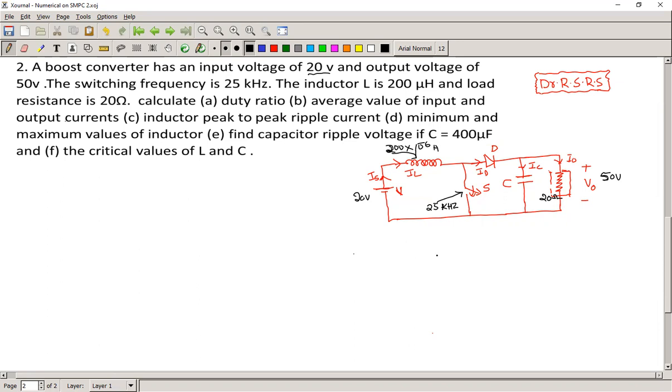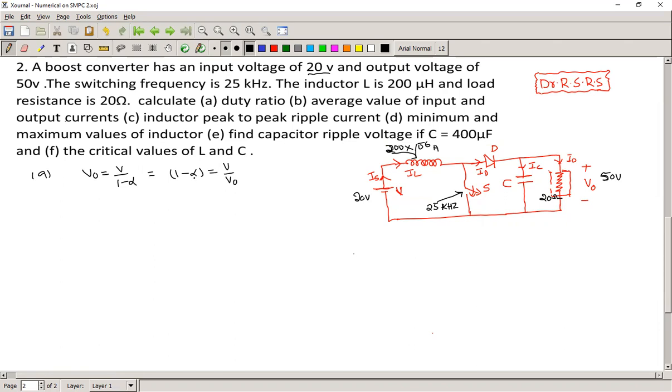Here the input voltage and output voltage are given. You can take the efficiency as 1. In the case of a boost converter, the output voltage V naught equals V by 1 minus alpha. We can write this as 1 minus alpha equals V by V naught.